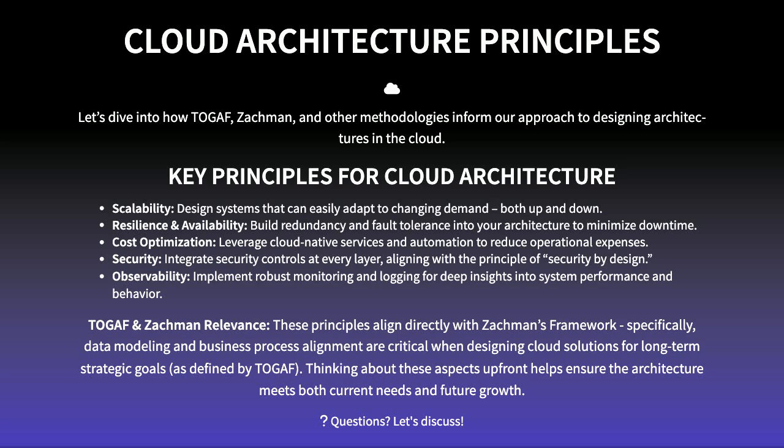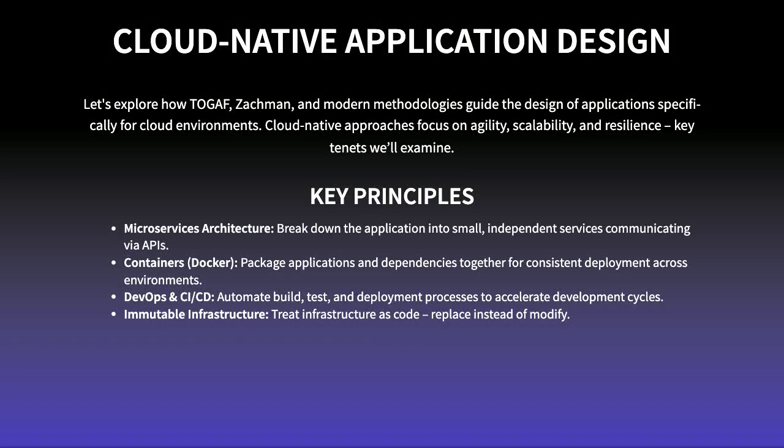Okay, let's dive into how we design applications that really thrive in the cloud. We're talking about cloud native, and it's all about building software that's incredibly flexible, can handle massive changes, and keeps running reliably. A core strategy is microservices. Think of breaking down a large application into smaller, self-contained units that work together.